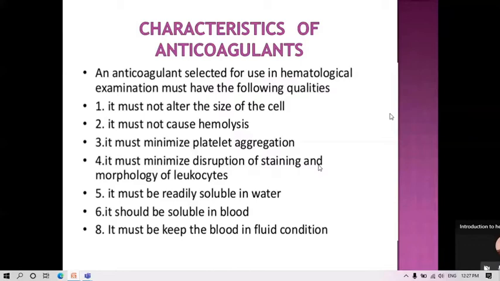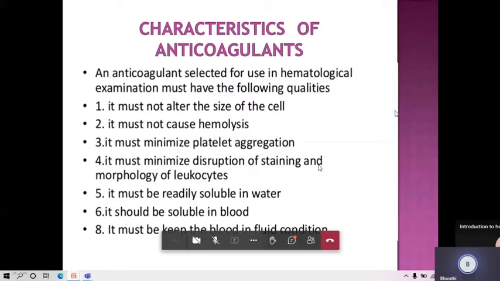So I will tell you only those anticoagulants which are very important for you, and you should be able to use, because during examination in the table viva or in the grand viva, there is a tray in which we keep these vials. You will be asked about these vials and their uses and the additive which has been there.